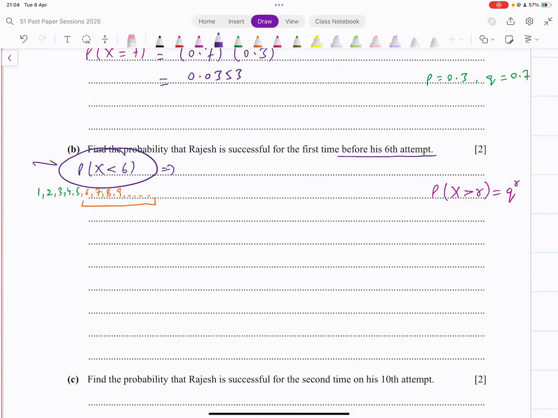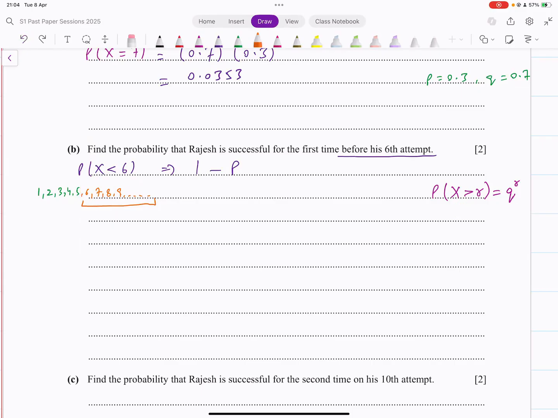What other way can we write this probability so that we have the greater than form? What we can say is total probability for all of these numbers, that is 1. We can subtract from 1 the probability of all of these numbers, 6, 7, 8, 9, 10, all the way up to infinity. How do we describe this in greater than form?